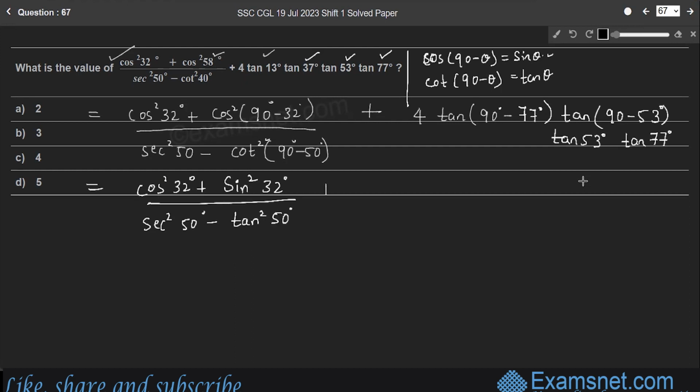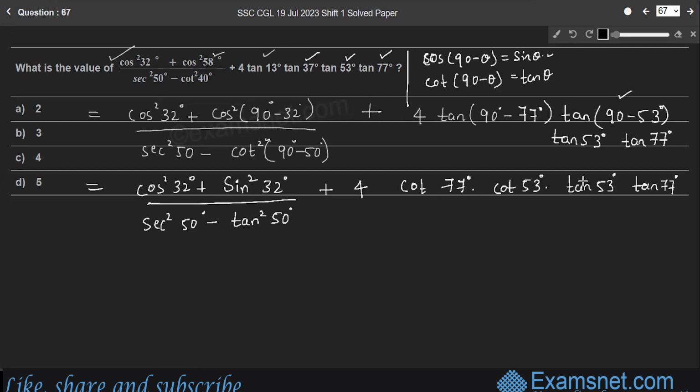So second part becomes 4 into tan of 90 minus theta. What is the value of tan of 90 minus theta? It is always cot theta, right? So cot of theta is 77 degree, into again tan 90 minus theta, which is cot 53 degree, into tan 53 degree into tan 77.